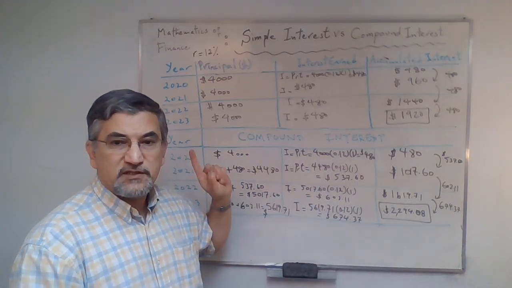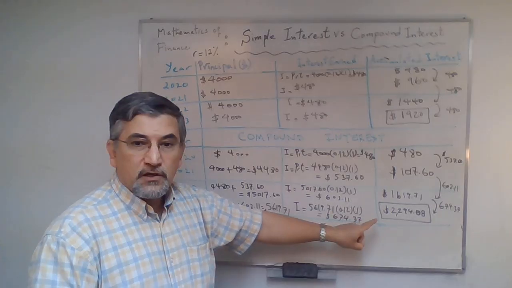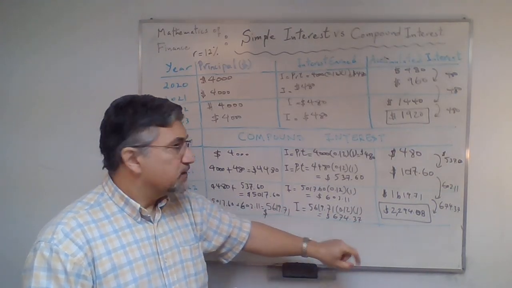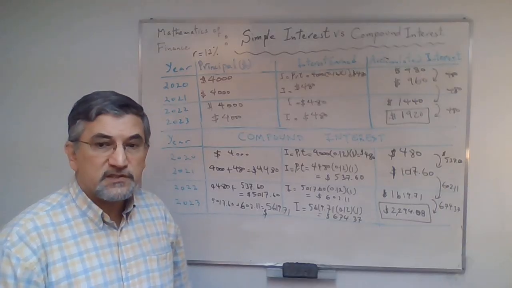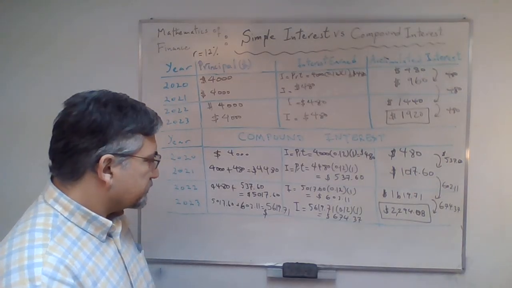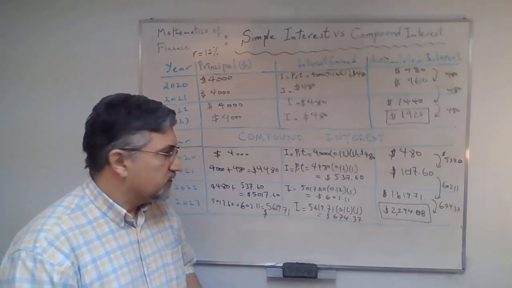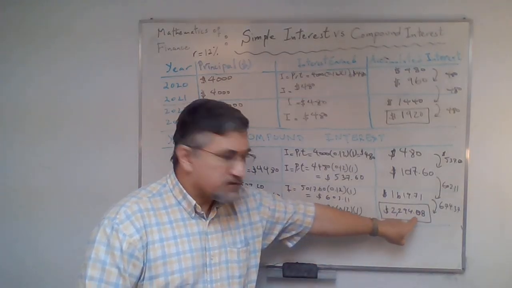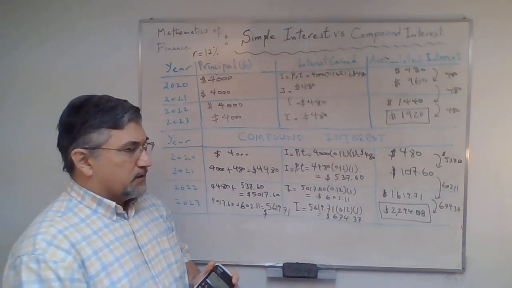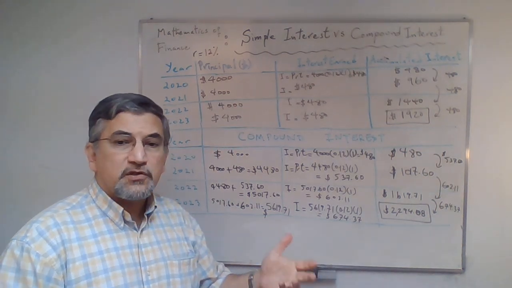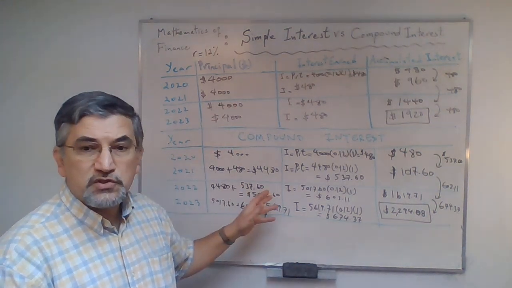They will realize that you're a knowledgeable person, and this way you will earn more money in interest compared to the simple interest situation. Now the question is, is there a magical formula that can give us this final answer in one shot? Because as you saw, these calculations are perhaps not difficult, but they're absolutely time consuming.